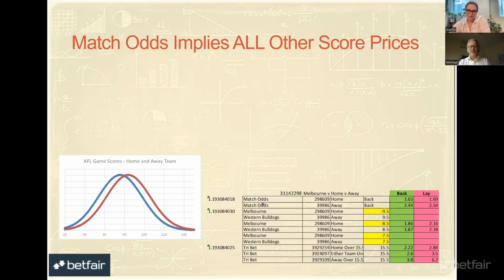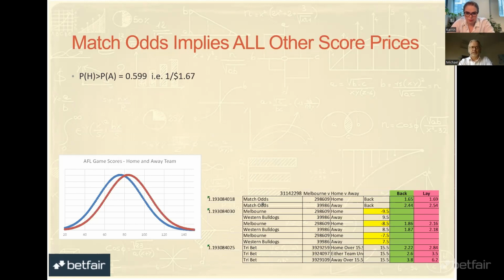So here we go with an example from tonight's game. When I grabbed these numbers, the price for Melbourne was about $1.67. That's moved a little bit now, I think, but at the time it was somewhere between $1.65 and $1.69, so $1.67. So the probability of the home team, Melbourne, winning was 0.599, as in 1 over $1.67.